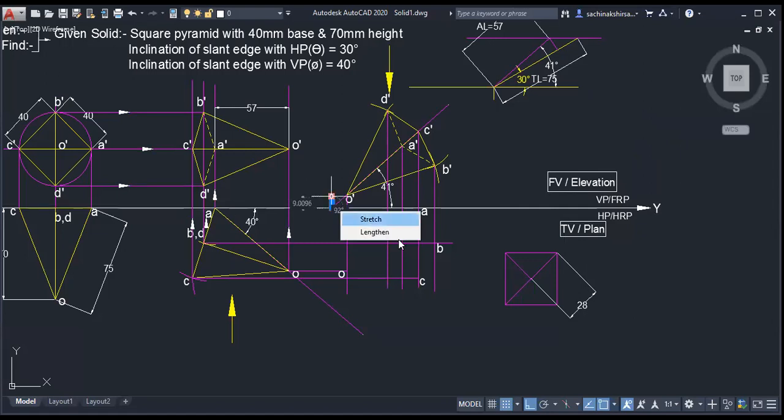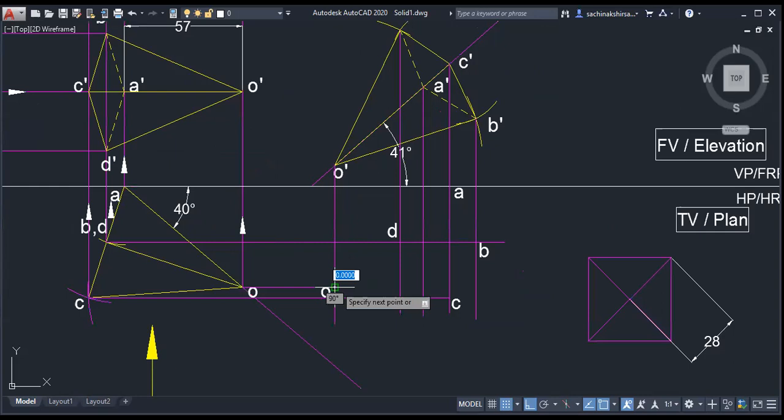O dash, or we can say apex. So how many edges will pass through that apex? That we have to draw dotted. Which are the 4 edges which will pass through the apex? OA, OB, OC, OD. Very good.